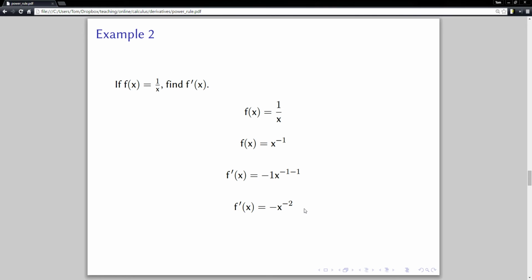It would be negative 1 over x squared. But at this point, it's not really necessary to do that. Later on, when we use these derivatives to solve other problems, then you probably want to do that. But for right now, we are just practicing computing derivatives, so just leave these negative exponents there in your answer.